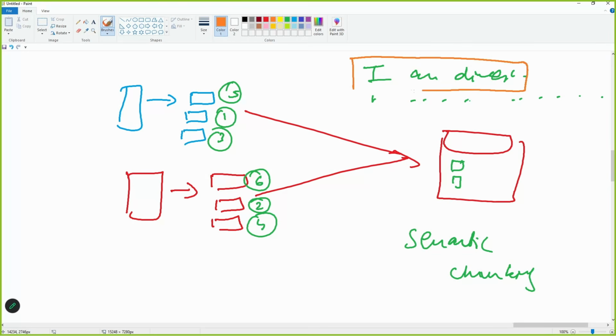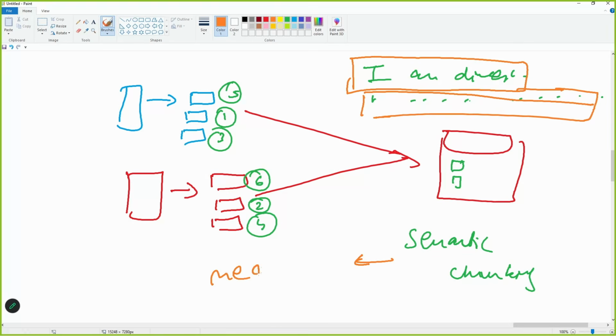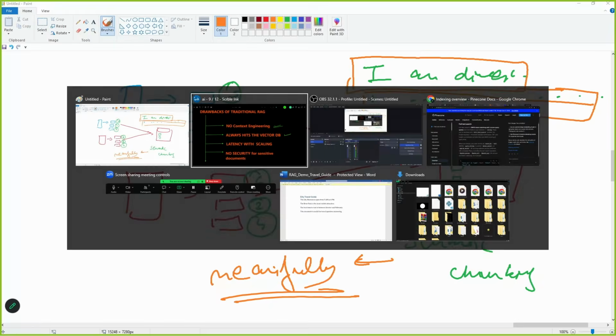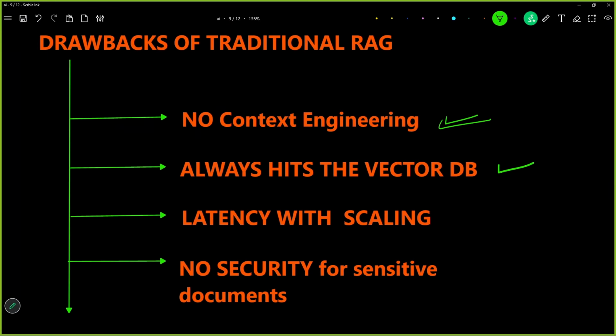One chunk will be created of I am Divesh, and second chunk will be created properly of I am a mentor at XYZ organization. The word semantic means meaningful. So we are not chunking this meaningfully, right? This is the second drawback of traditional RAG, of what we were studying till now.